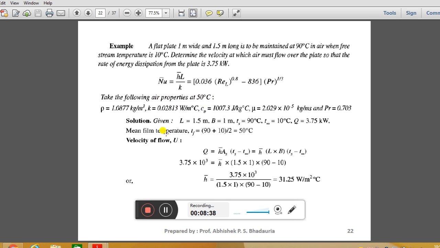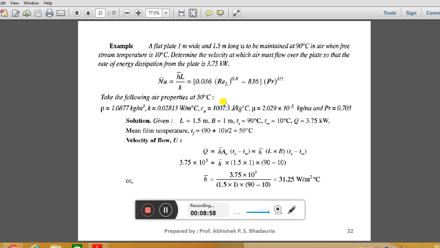Okay, now let's solve this problem. First of all, write down what is given in the problem. The length is 1.5 meter.